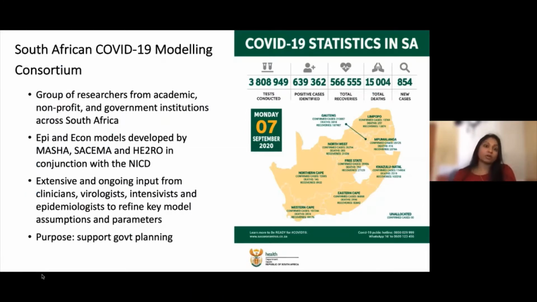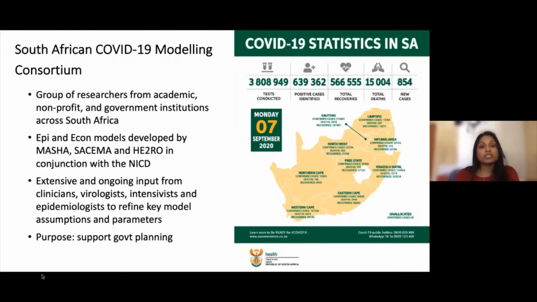And as a group, the South African Modelling Consortium comprises academics and experts from both non-governmental and governmental institutions in the country. And the idea behind setting up such a consortium was to bring together expertise throughout the country. And our particular mandate as modelers was to develop modelling to support planning efforts. And so we developed both epidemiological and economic models among our three institutions.